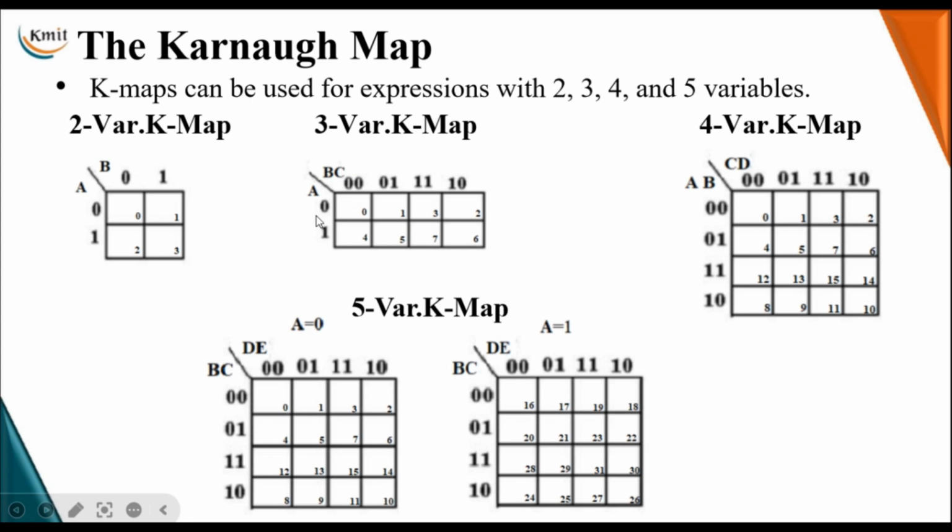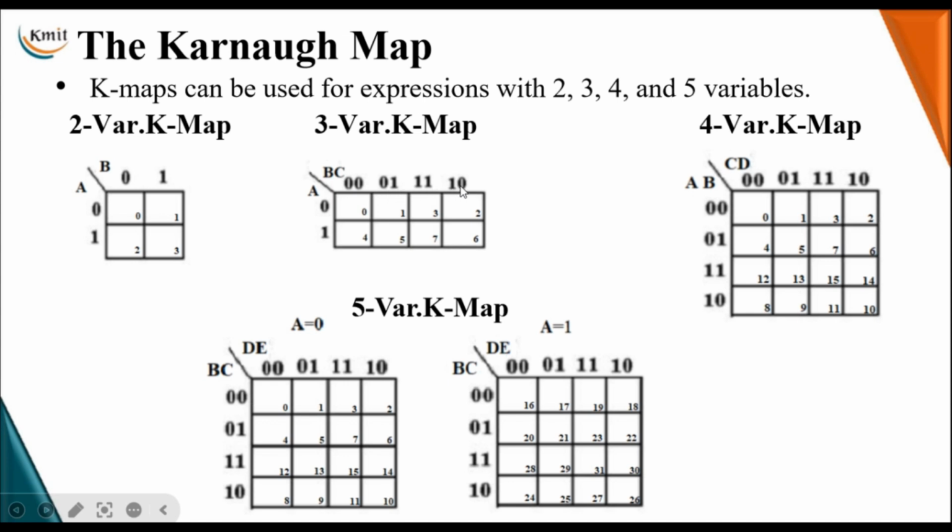These 2 rows are indexed with the possible A values, 0 and 1, where B and C are the less significant variables, which are represented on the top axis, and your most significant variable is represented on the side axis. The first column index is 0 0, the second is 0 1, the third is 1 1, and the fourth is 1 0.